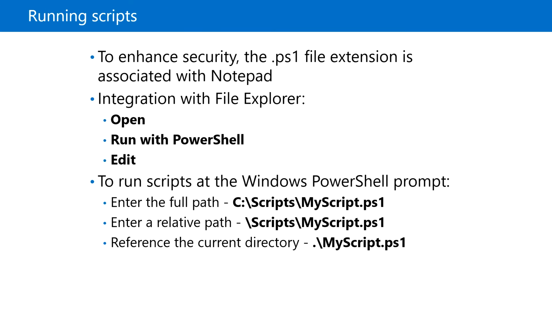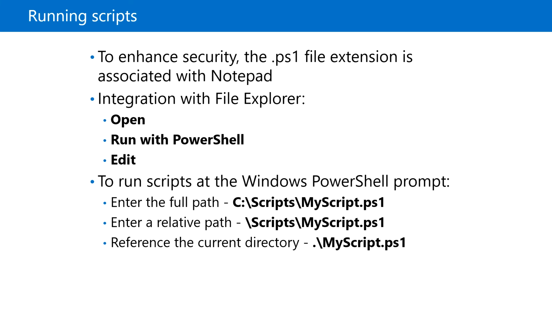So next we'll see running script. As you know, PowerShell uses the .ps1 file extension, which is associated with Notepad. So we can open the .ps1 PowerShell script in Notepad, or we can also run it with PowerShell by right-clicking and choosing run with PowerShell. And also we can edit the script in the ISE editor, which is the Windows PowerShell Integrated Scripting Environment.